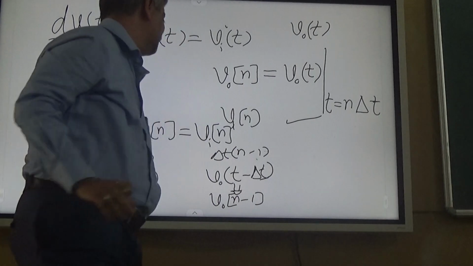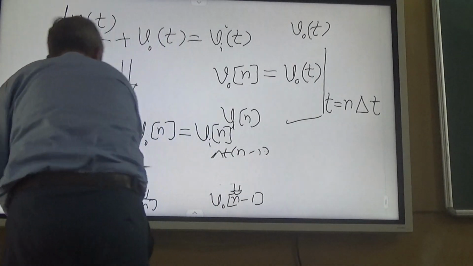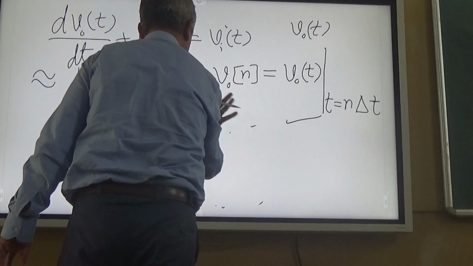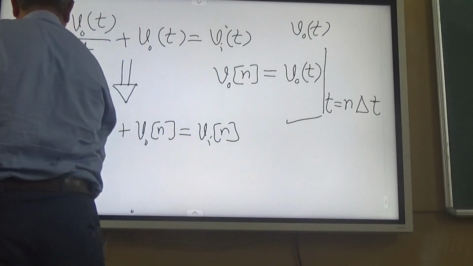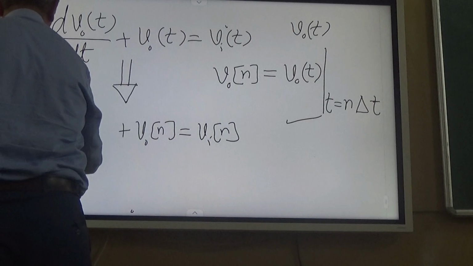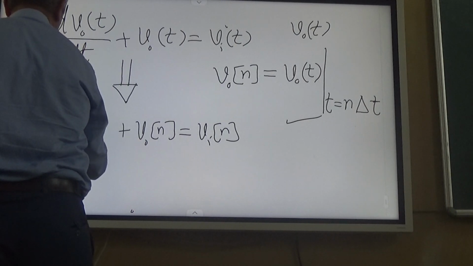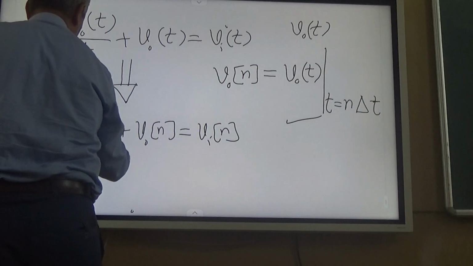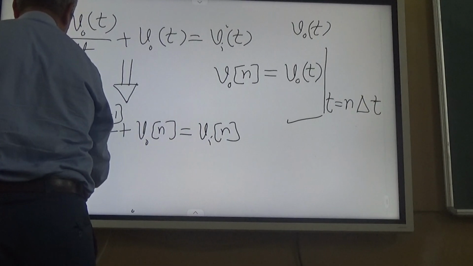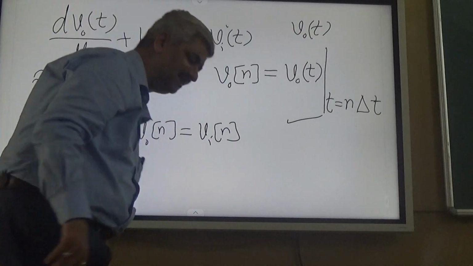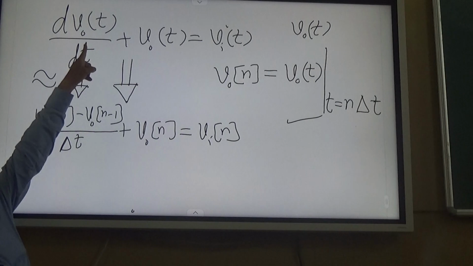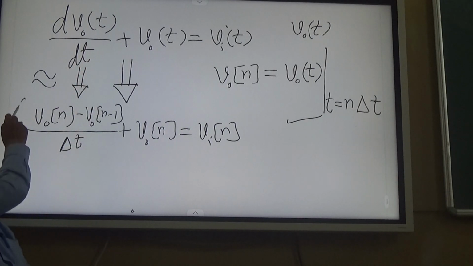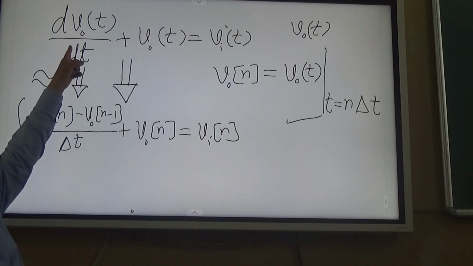So this I can write as VON minus VON minus 1 upon delta T. Is it right? So, what is this differential equation? This differential equation means this is called as a हे differential equation आहे.